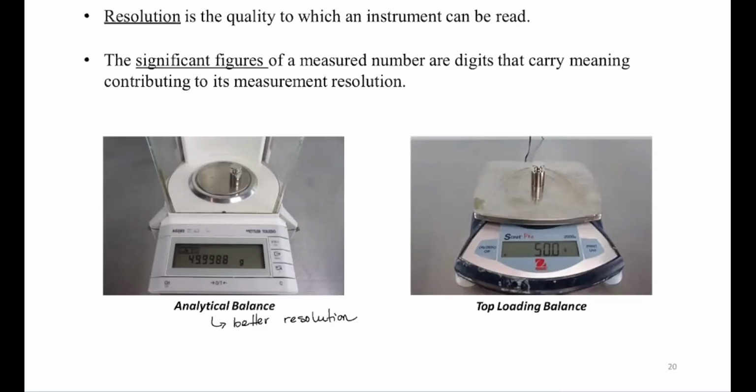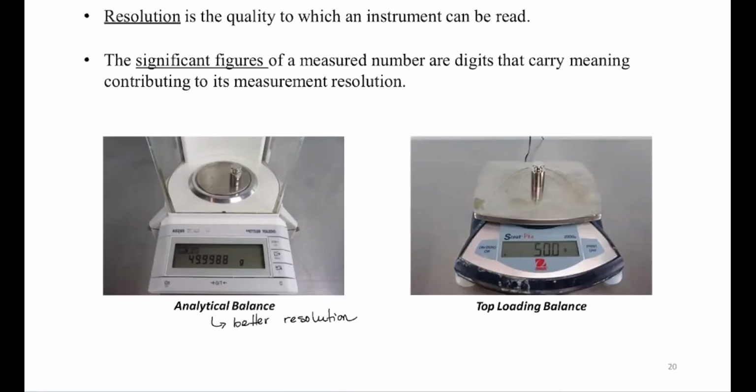Because, as you can see, the second term we have here is significant figures. Significant figures by definition, when we have a measured number, are the digits that carry meaning, contributing to a measurement's resolution. So those digits that we see on the screen, since they are tied to the resolution of the instrument, are what a significant figure is.